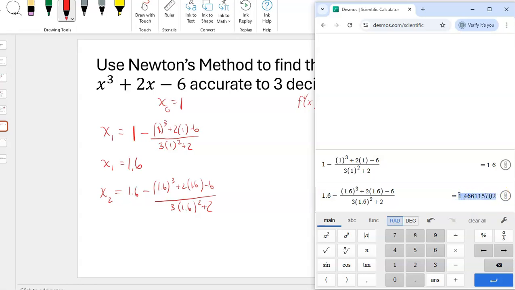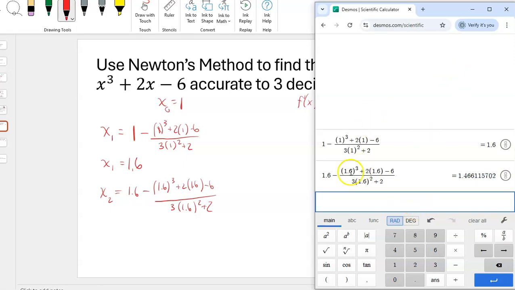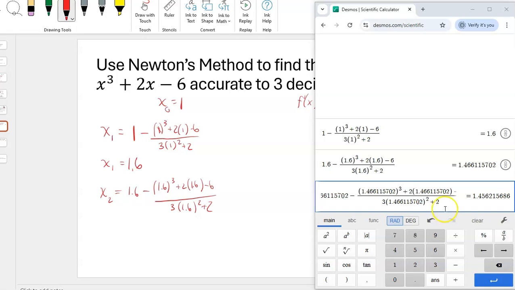Now, this decimal is starting to get nasty. But again, I'm still going to follow the same process. Instead of that 1.6, I'm going to put in this value. Now, if you noticed, I used the entire decimal. And my answer for that x sub 3 is a little bit different than what we just had. We're going to follow the same procedure again.